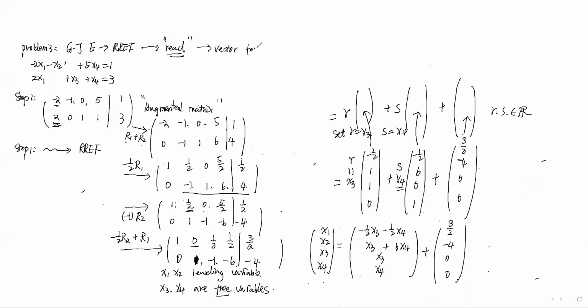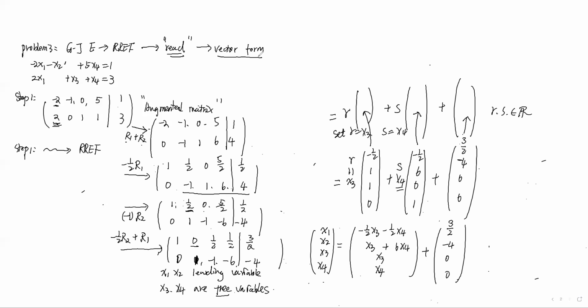Like I said, I think the problem will ask you to write it in vector form. If you didn't write this form, you will lose some score or some credits. Just be careful and pay more attention to the requirement. Otherwise you lose the credits, it's unfair.